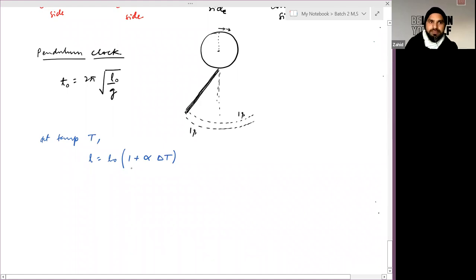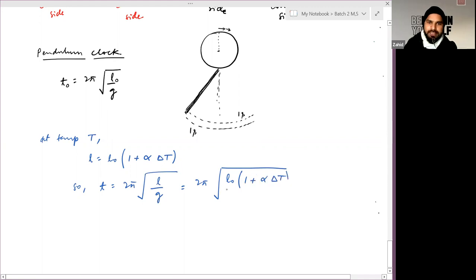So if you put this term in the above formula, time period of pendulum will become 2 pi root under L by g. If you substitute the above value in this expression, you will get (1 plus alpha delta T) divided by gravity. Now we have to calculate relation in between these two parts.